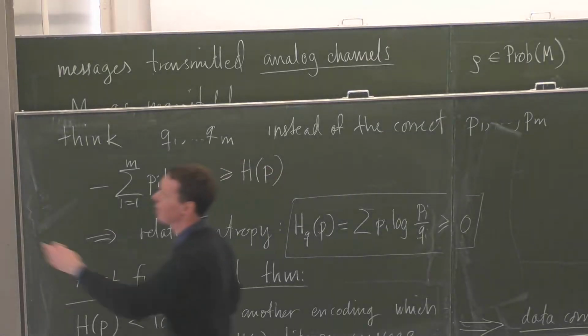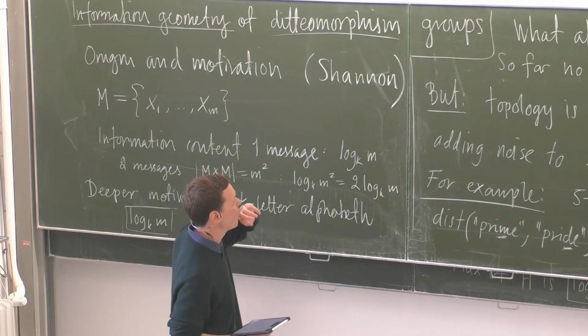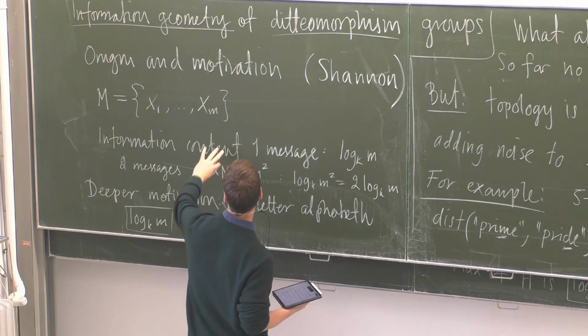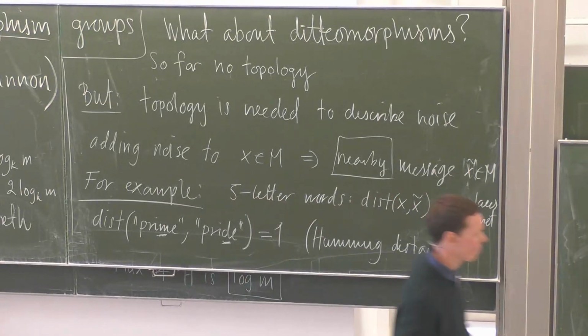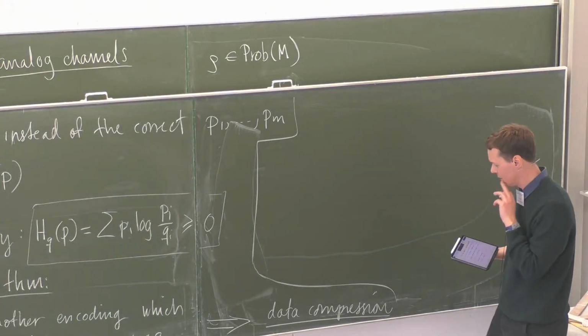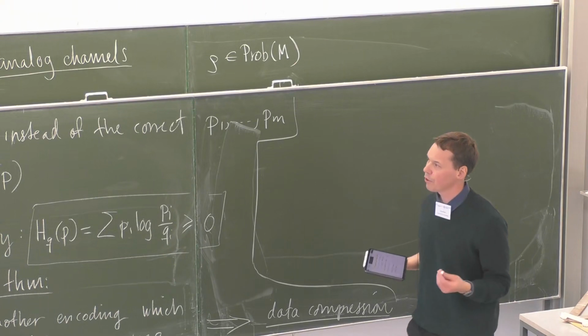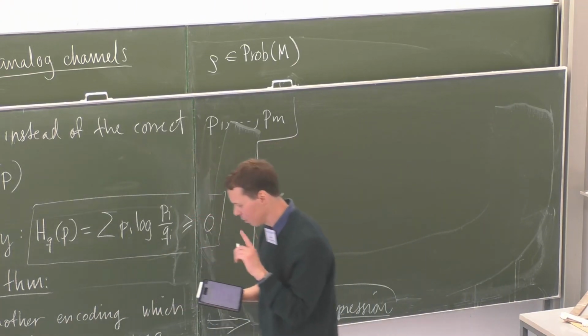So I've been saying something about diffeomorphisms, and maybe about information theory, but geometry also. How does geometry come into play here then? So the first basic question in information geometry would be the following.